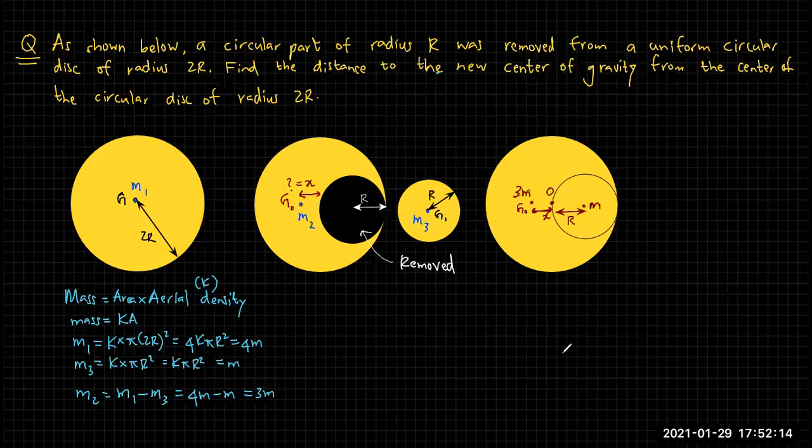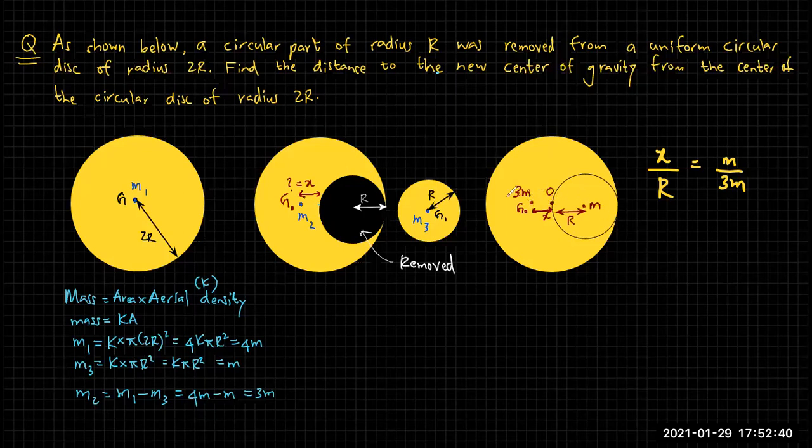So here you can finalize it like this. Look carefully. You can say x over r is m over 3m, because two masses, 3m and m, are put together. What is the center of gravity of those two, 3m and m? It should be at O, correct?